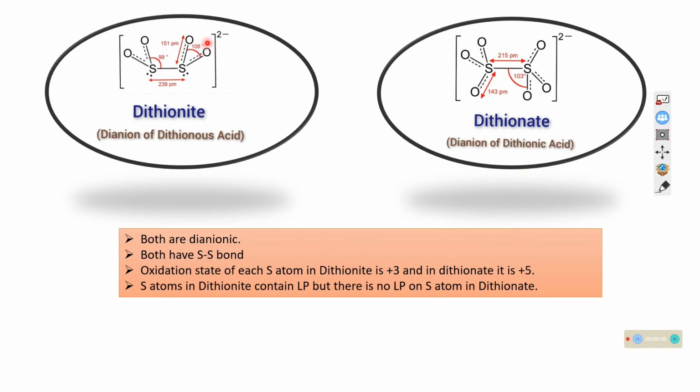Both are dianionic, and both have a single S-S bond. The oxidation state of each sulfur atom in dithionite is +3, and in dithionate it's +5. The sulfur atom in dithionite contains one lone pair of electrons, whereas there is no lone pair of electrons on the sulfur atom in dithionate.